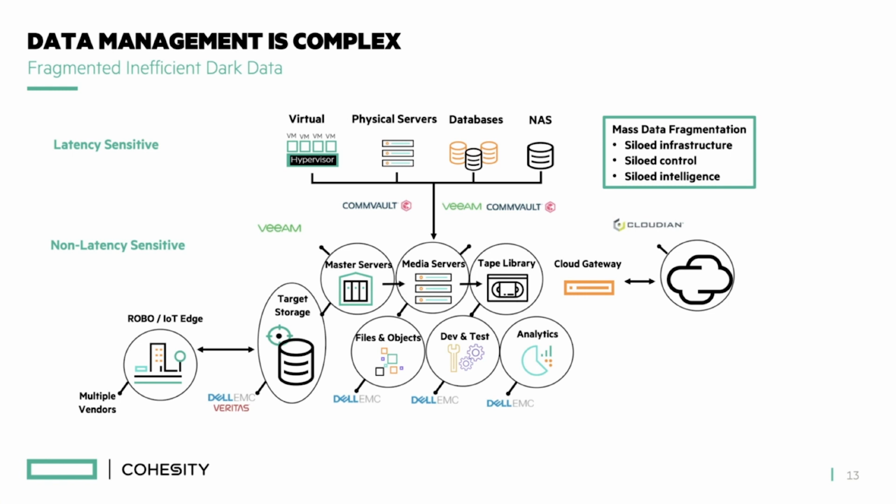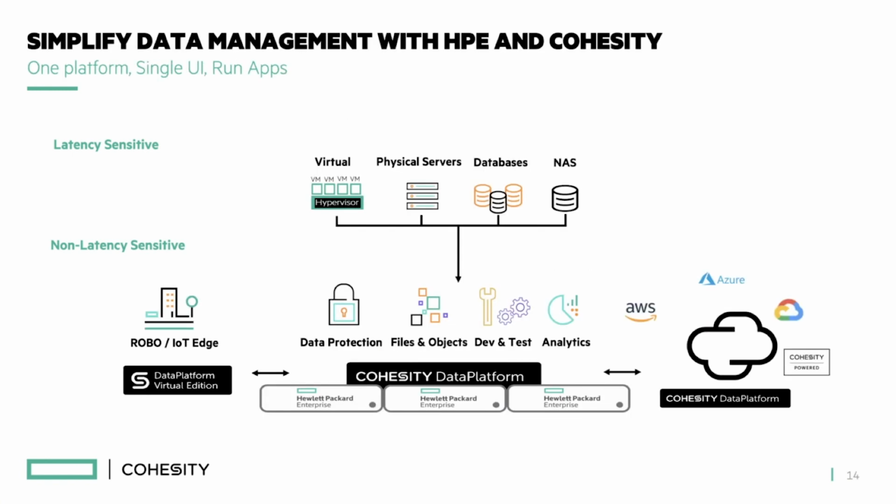So what do we do to resolve this? What Cohesity does is resolve this mass data fragmentation problem, as we call it, by consolidating all of the multiple use cases and data silos onto a single enterprise class Cohesity data platform software that runs on certified HPE Apollo and ProLiant Gen10 servers.